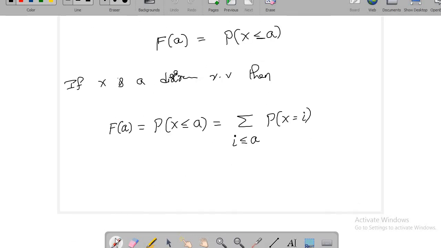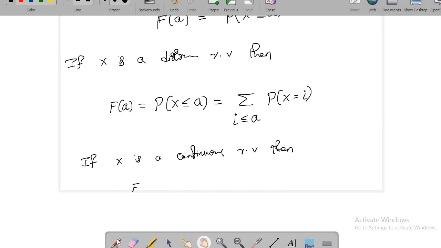So next, if x is a continuous random variable, then this is how we'll write the cumulative distribution function, that is F of a, which is equal to probability that x less than or equal to a.